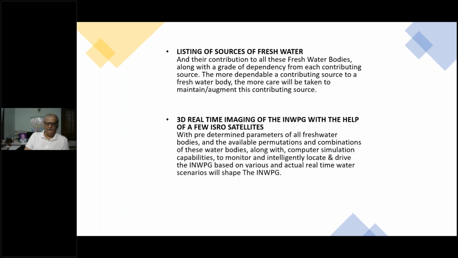Now, once we have all the data and real-time data also, then all these available permutations and combinations of water can be simulated on the computer or on the mainframe, not computer, to monitor and intelligently locate and drive the water pipeline grid based on various and actual real-time water scenarios. And these will shape this grid.